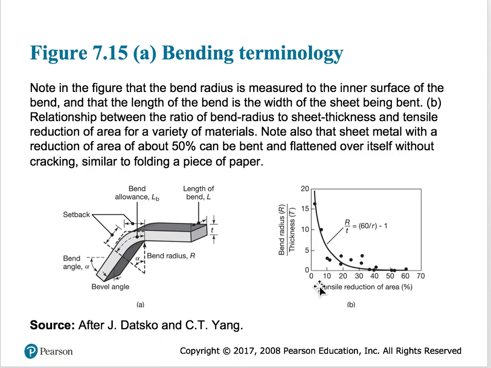You have some kind of a rough correlation between the two, where the bend radius over thickness is given by 60 over r minus 1, where small r is... If you look at that, you should be able to see that alpha is a bend angle.